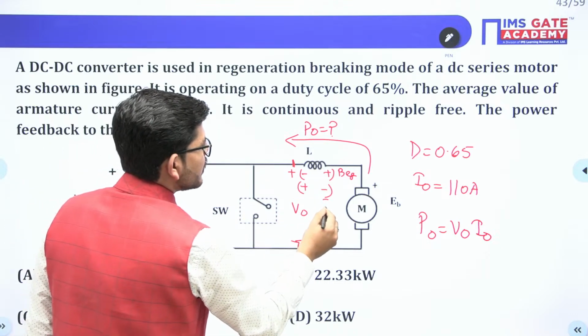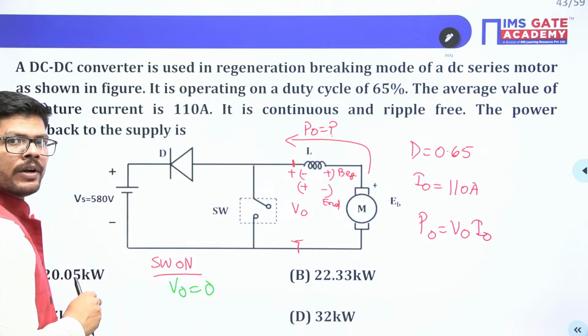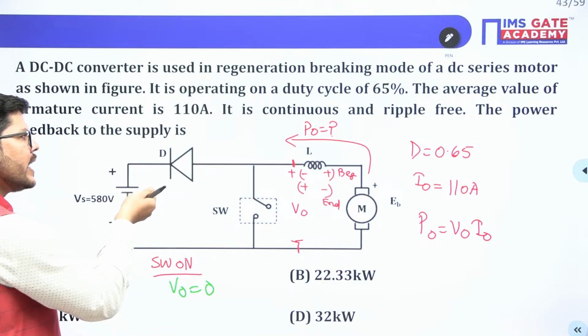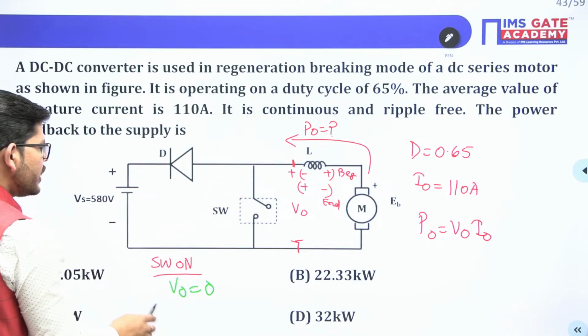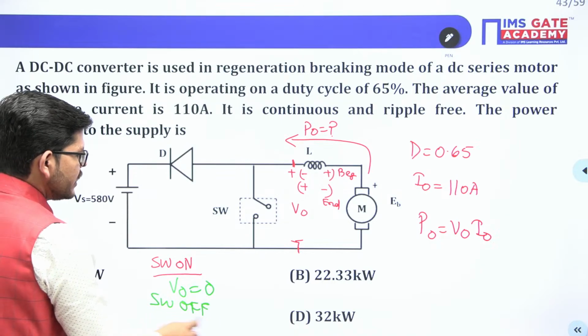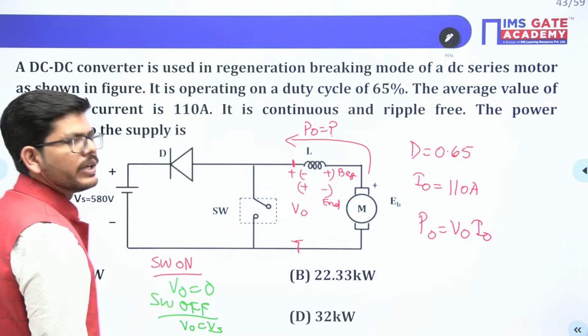Due to that polarity of the inductor, the diode will turn on. So when the switch is off, the inductor releases its energy, turns the diode on, and the output voltage will be equal to Vs.